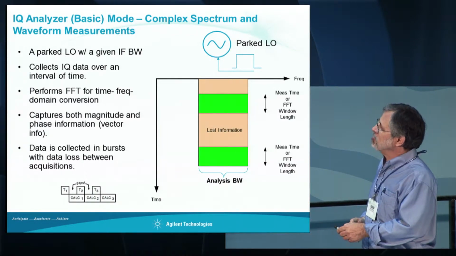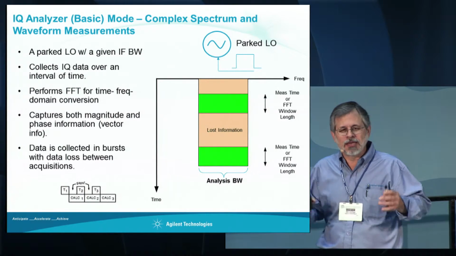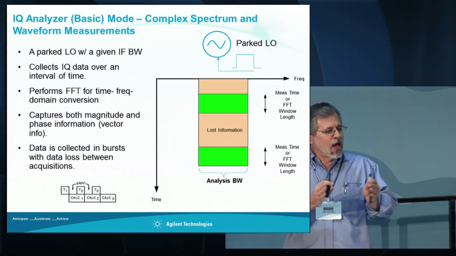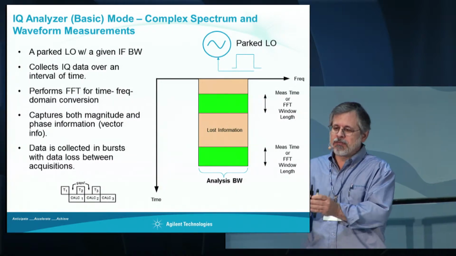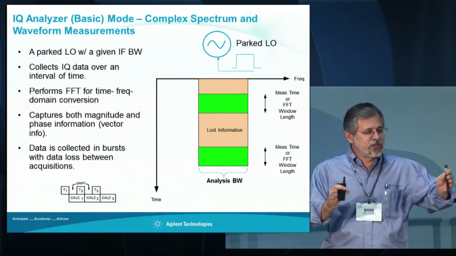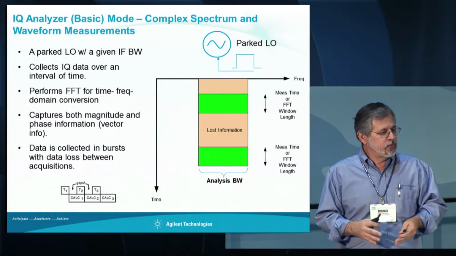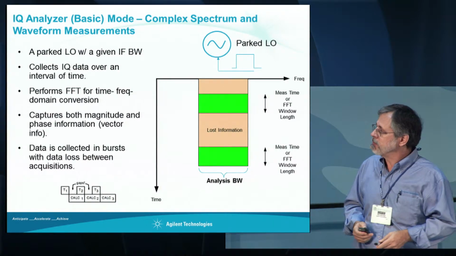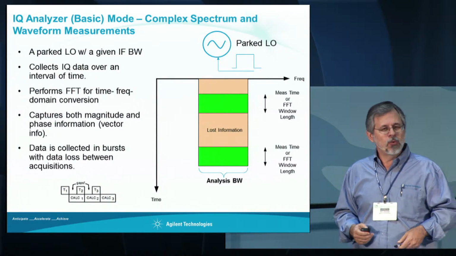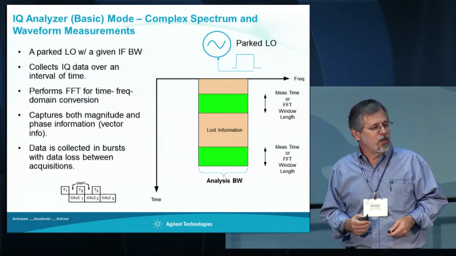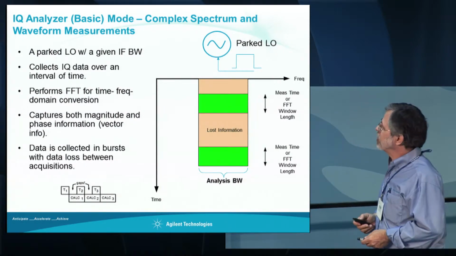It's sometimes called a basic mode, but what it really means is that the digitizer is not a baseband digitizer, it's an IF digitizer. So instead of producing baseband samples like an oscilloscope, it produces IQ samples with some implied LO frequency. So that's the IQ mode.